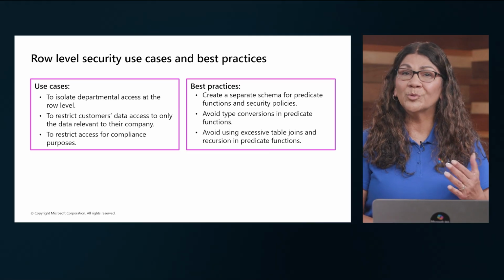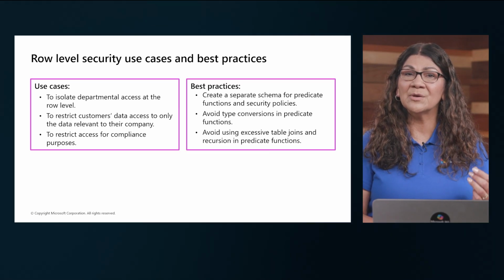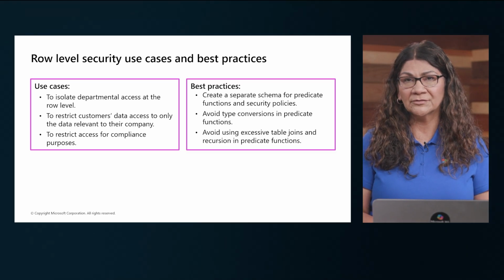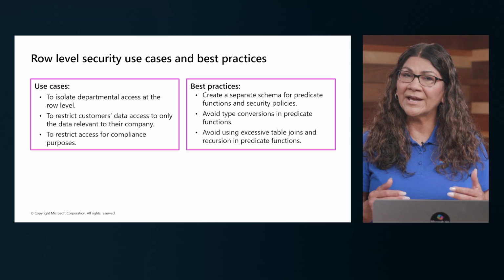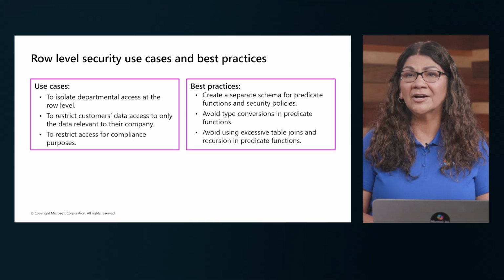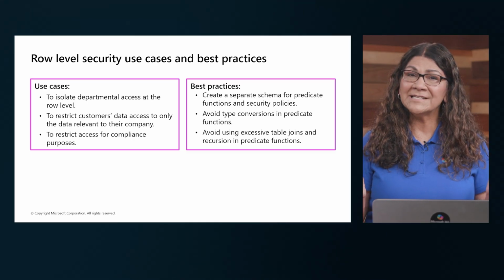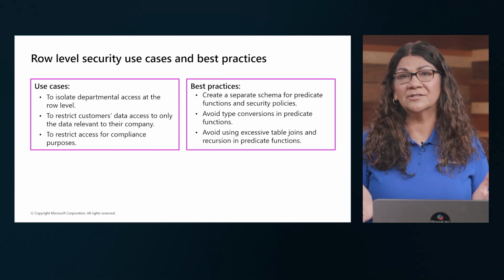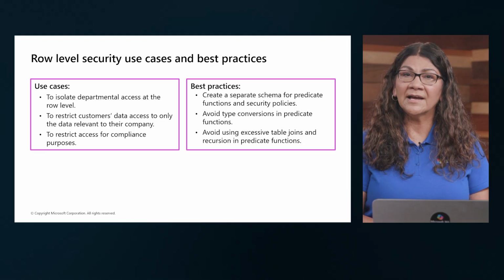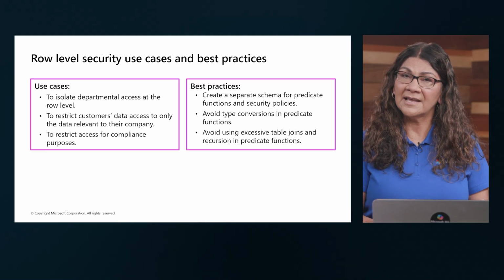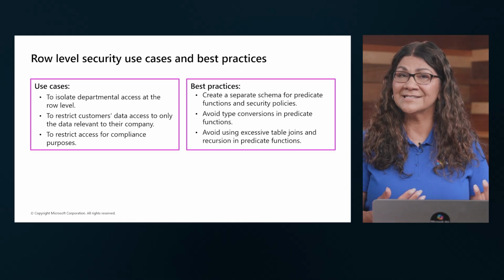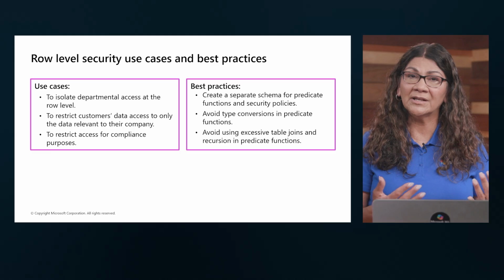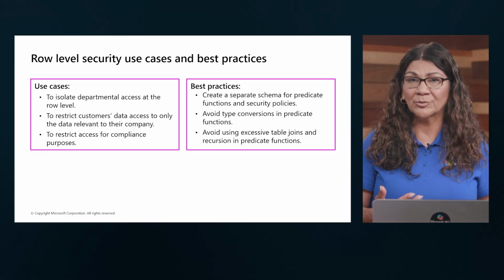Here we see practical application and implementation guidelines for using row-level security in SQL Server to enforce fine-grained access control in targeted scenarios, and implementation tips for enabling row-level security in SQL Server. On the one side, we see it highlights how it's useful for isolating departmental access, ensuring each team views only its relevant data, enhancing internal privacy.